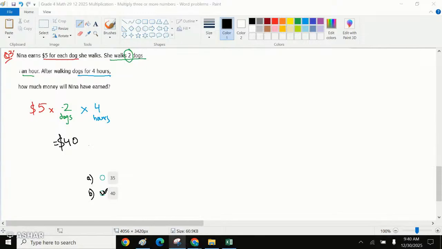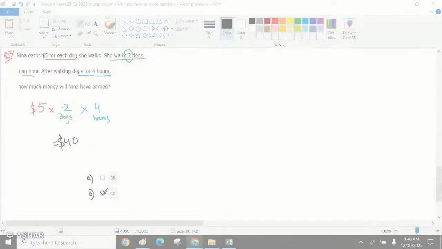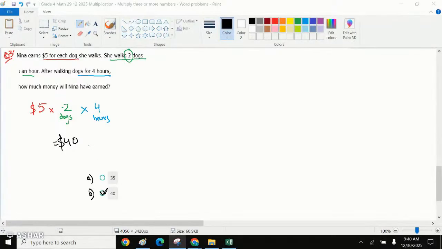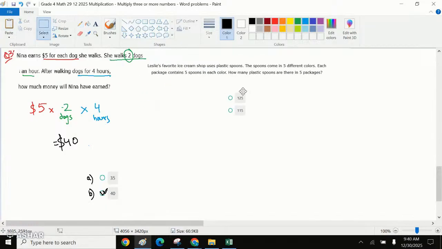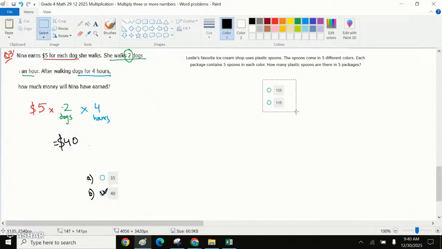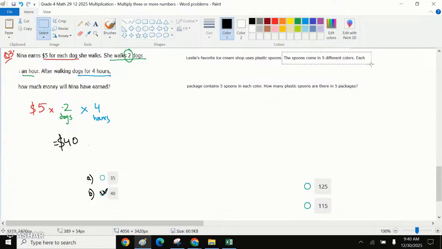It says Leslie's favorite ice cream spoons. Okay, let's see what we can do over here. Question number 4. I'll just rephrase it and realign it. How many plastic spoons are there?